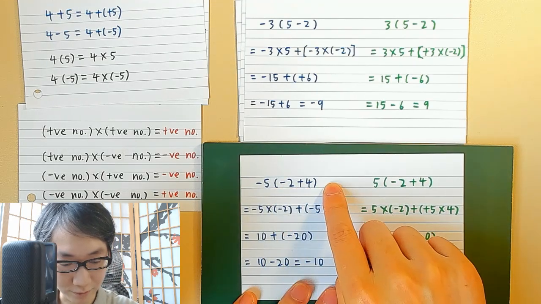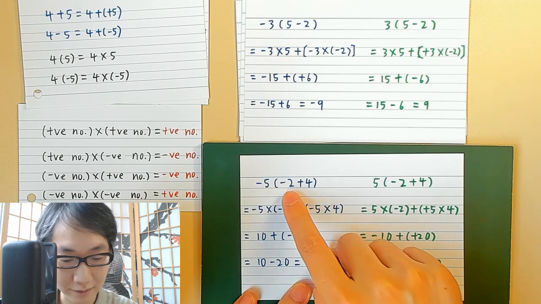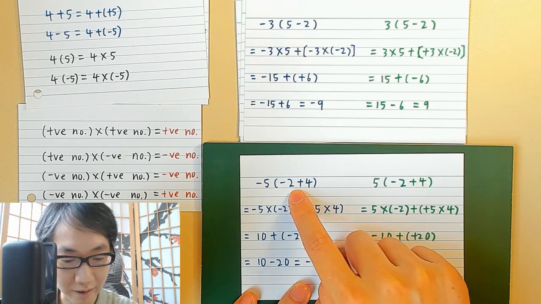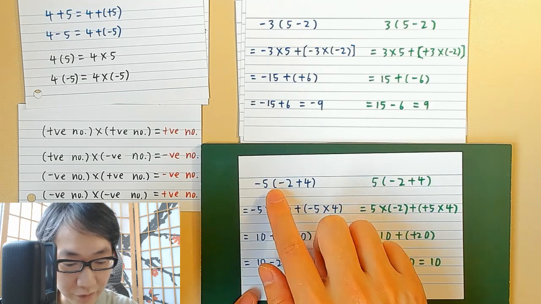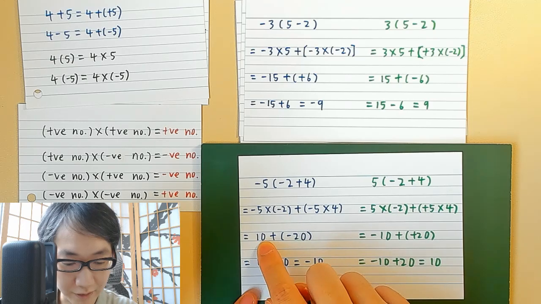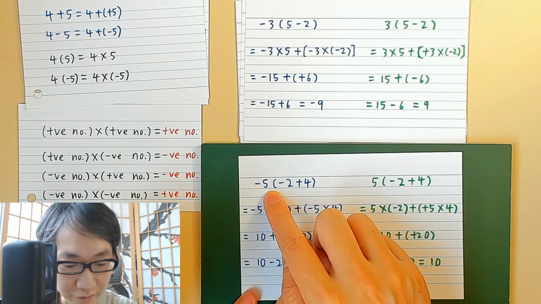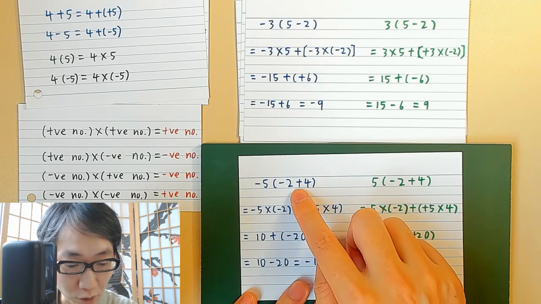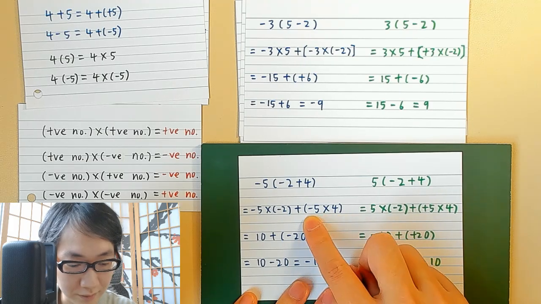More examples. This time we have negative 5 number of bags. In the bags we have negative 2 and positive 4. So the first term will be negative 5 multiplied to negative 2, which will be positive 10. For the second term, it will be negative 5 multiplying to positive 4, like here. Then the second term will be negative 20.